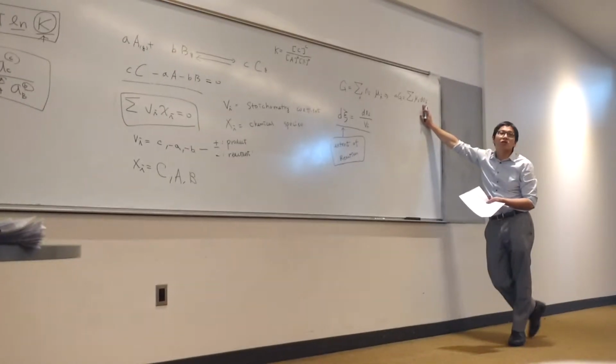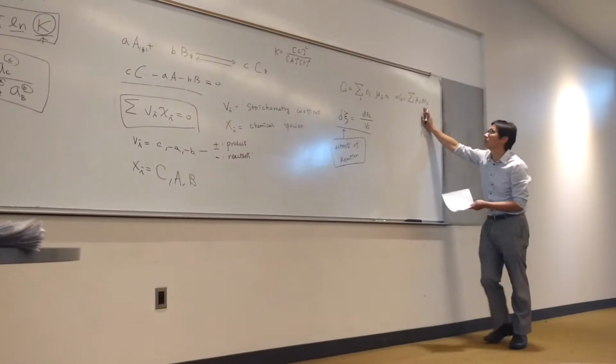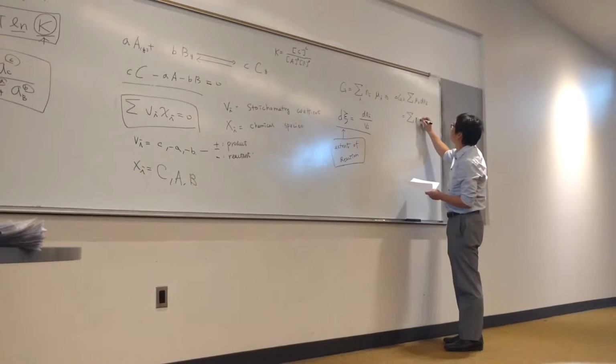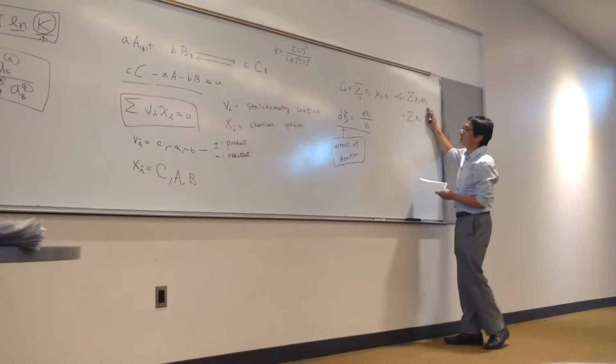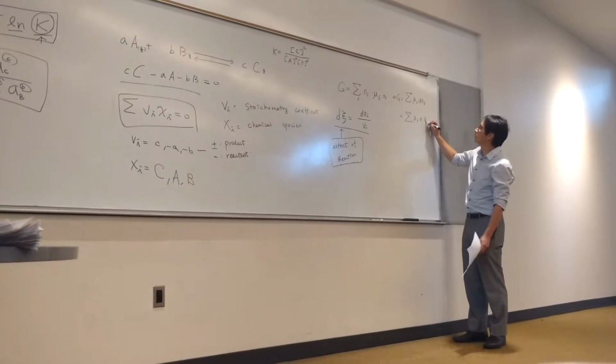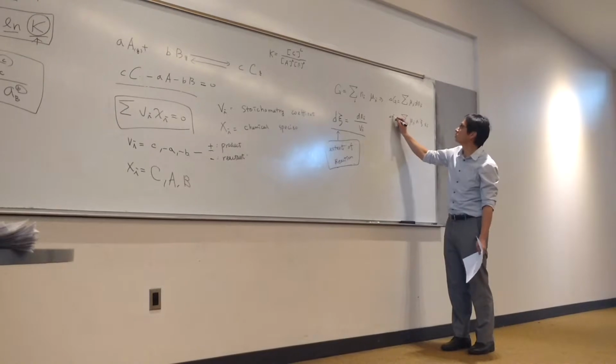This means the change of your reactant or product in moles, right? And we know dn i can be written as d epsilon v i. That's your delta G.